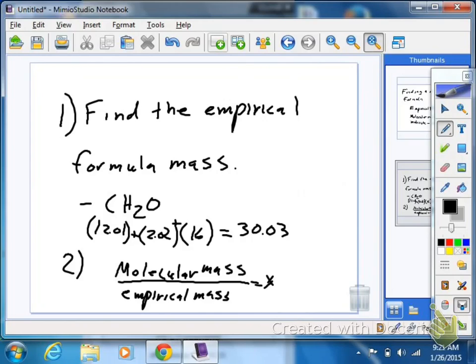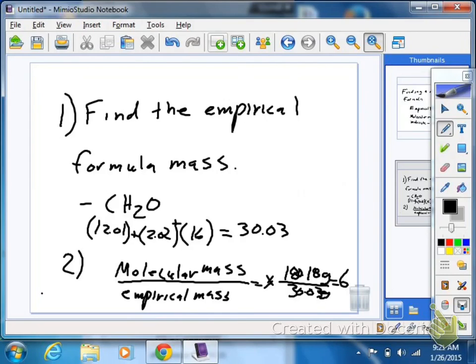So we're going to take the 180.18 grams and divide by the 30.03 grams. And when we do that, we get a number that is 6. Any questions on that?